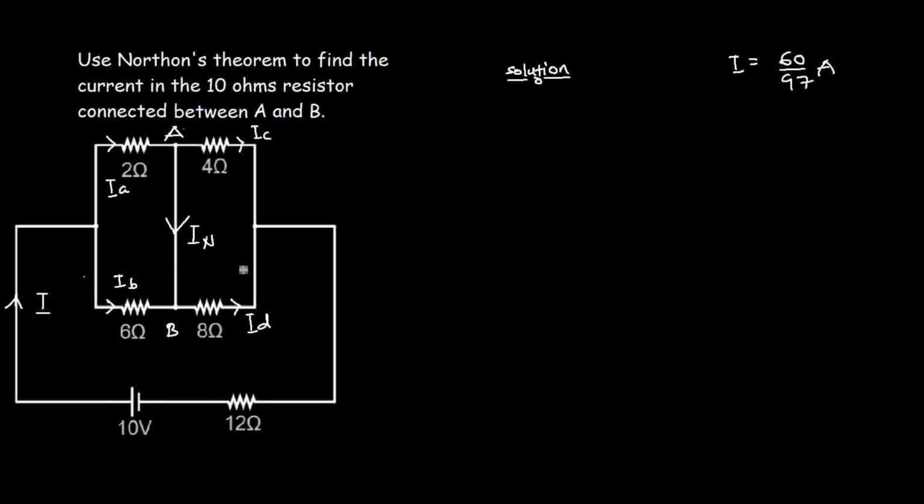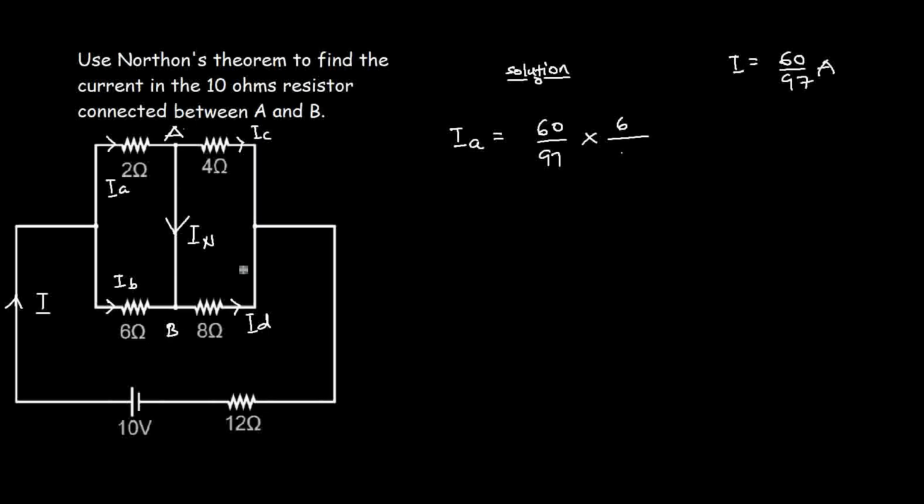Okay, so since you know the total current from the source, we can use it to calculate the current across the 2 ohms resistor, which is IA, by using current division. Applying current division, IA will be equal to 60 on 97 times the 6 ohms resistor, divided by the 6 ohms resistor plus the 2 ohms resistor.